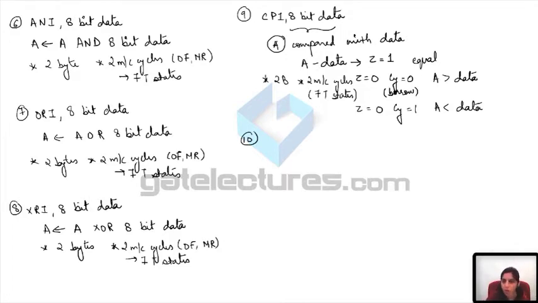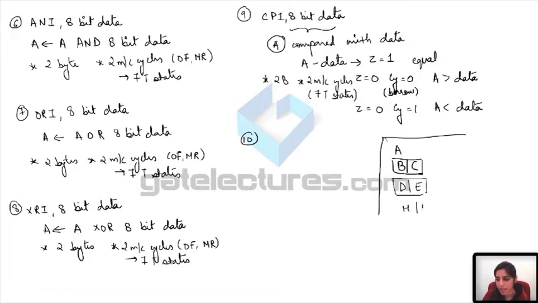So these are all the 8-bit instructions that we had that were operating on 8 bits. Now we have several instructions that are operating on register pairs. We have several register pairs in 8085. Fine. So we know that we have an accumulator, register A, then we have registers B and C. Both of them combined make a register pair BC. Similarly, D and E make a register pair.